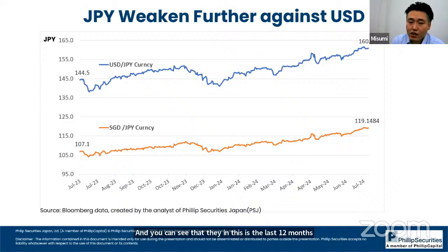Last year in July, it was 144.5 JPY to the USD, but it has turned out to be 160 JPY against the USD. So why this weakening occurs is apparently because of monetary policy.